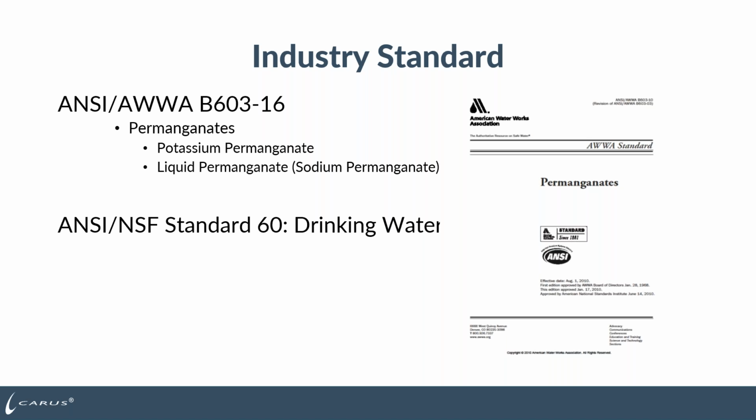Our product also has the NSF standard 60 drinking water additive testing done on it as well. And so there's a max use level that you'll see on our data sheet and on our SDSs for this product as well. And you want to ensure your product meets that regulation before applying it to your drinking water as well. Both of those are listed on our data sheets and on our product labels that we have those and meet those standards.